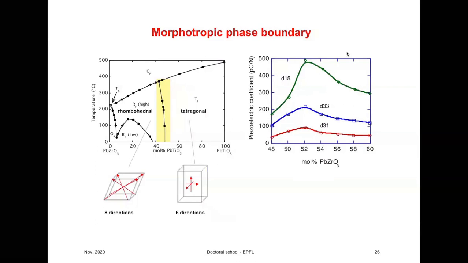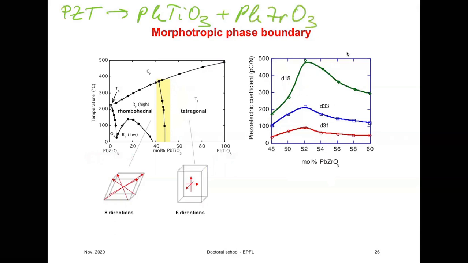One important feature of PZT: PZT is a solid solution of lead titanate and lead zirconate. If you start with titanium and you start replacing titanium with zirconium, you get PZT, lead zirconate titanate.